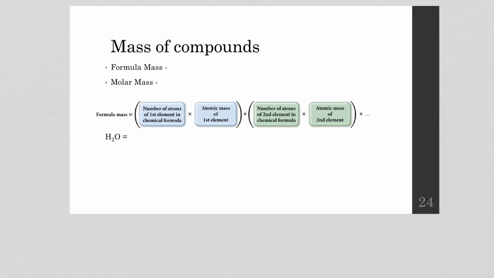So we have two different masses, just like we did for atoms. For atoms, we had the atomic mass, the mass of an individual atom. We have what's called the formula mass, which is the mass of an individual molecule or formula unit, if we're talking about ionic compounds, in units of AMUs.